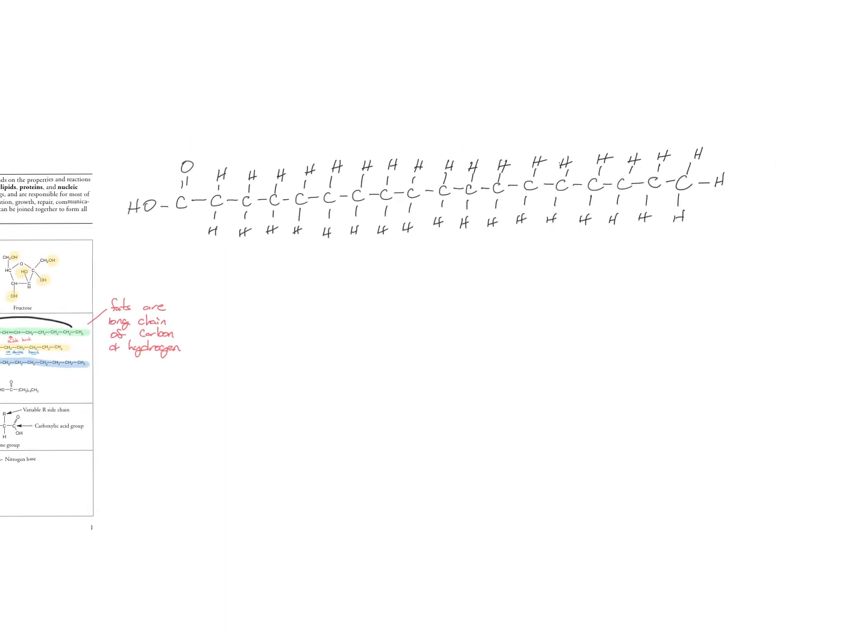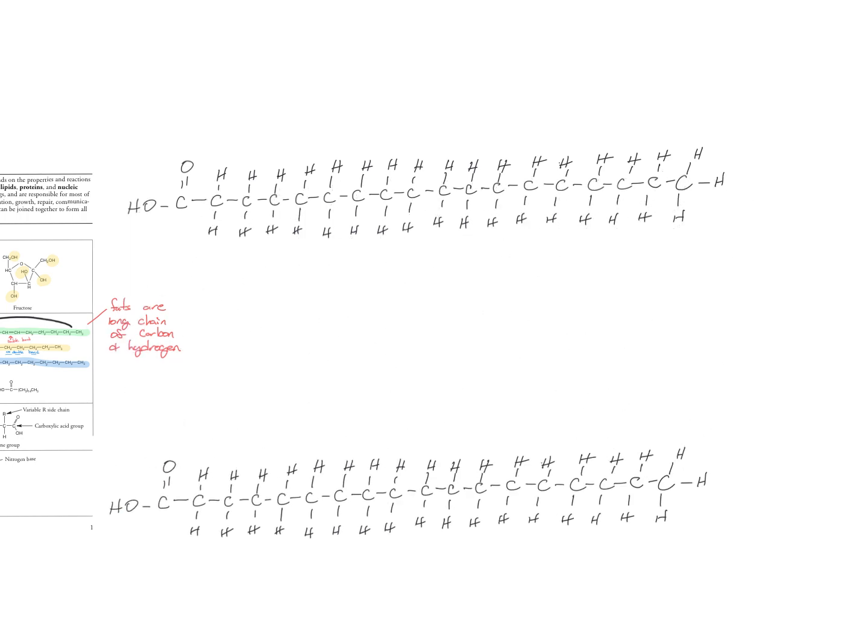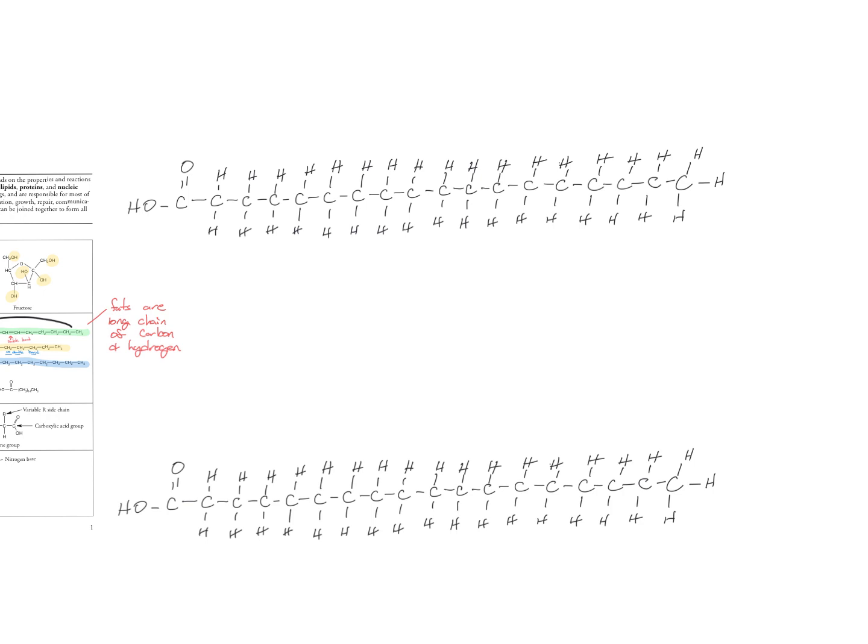So what you're looking at here is something called a saturated fatty acid. This is saturated. What do I mean by that? Every carbon, not including, obviously, the acid part, the carboxylic acid, is full of hydrogens.